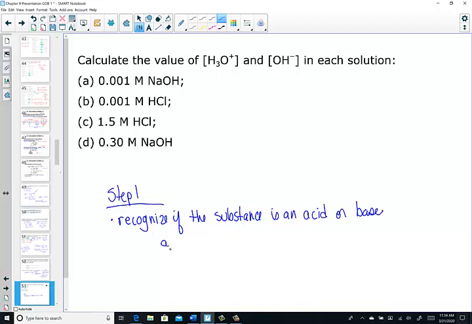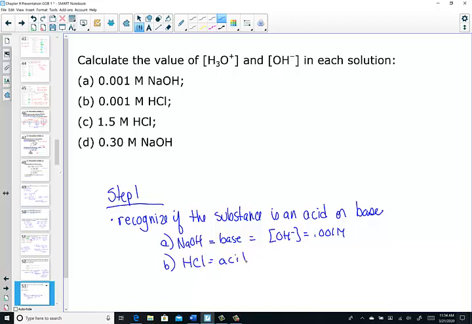For example, in letter A, NaOH, that's going to be a base. So the concentration of the hydroxide ion is given as 0.001 molar. In letter B, we're given the HCl.